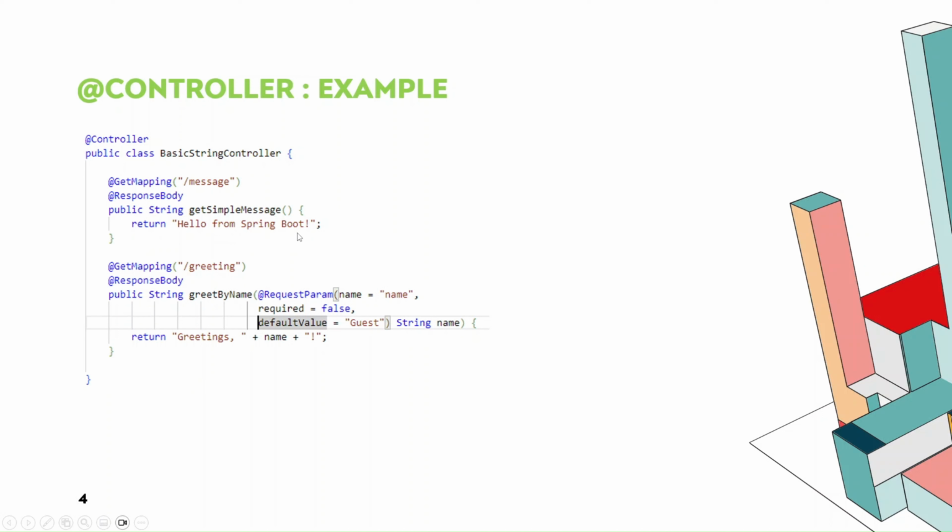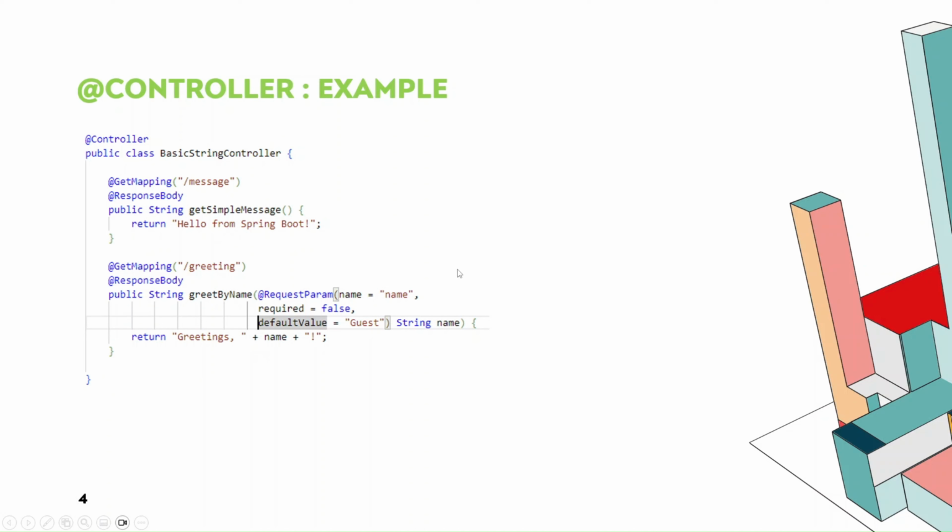Apart from JSON and XML, we can send strings with ResponseBody too. If you call localhost:8080/messages, we're going to get 'Hello from SpringBoot'. And this is another example, where I'm capturing a request param and sending the output.